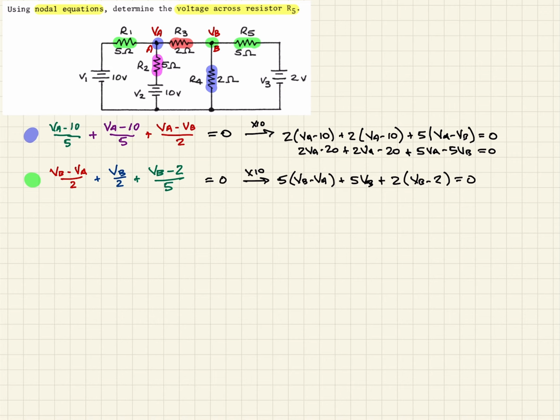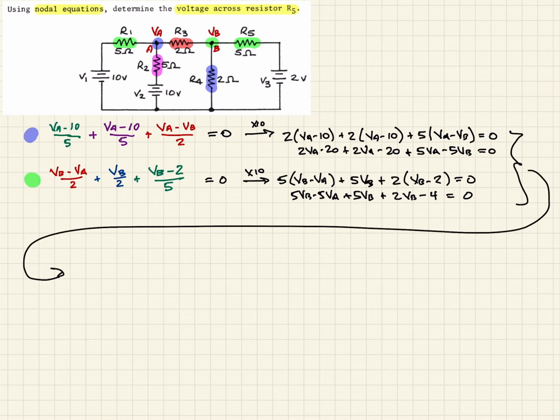Here we can multiply through everything, so it's going to be 5VB minus 5VA plus 5VB plus 2VB minus 4, equal to 0. Now finally, we should be able to take these and rewrite them, gathering all the like terms.